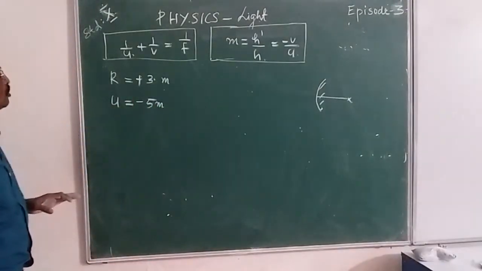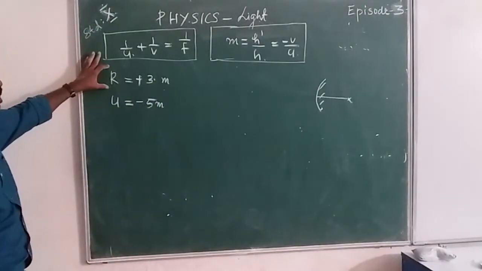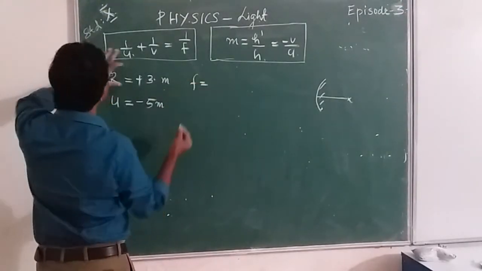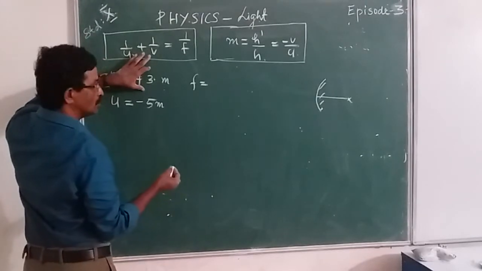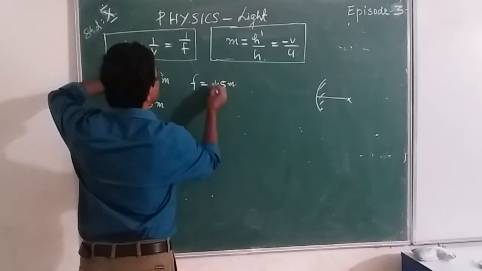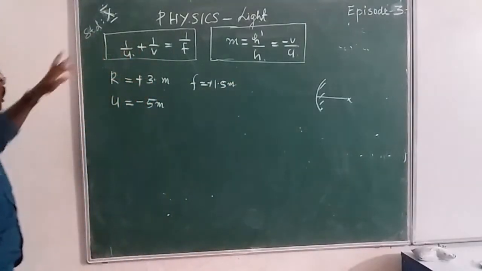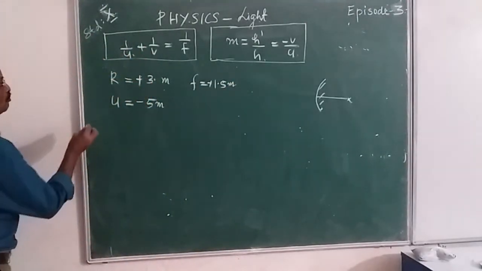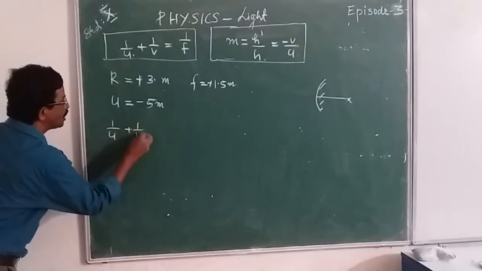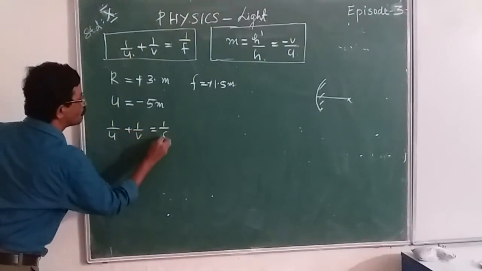Now we know focal length is half of the radius of curvature. f is equal to R by 2. R is 3 meter, hence focal length is 1.5 meter, which is positive. Now we are going to apply the mirror formula: 1 by u plus 1 by v equal to 1 by f.